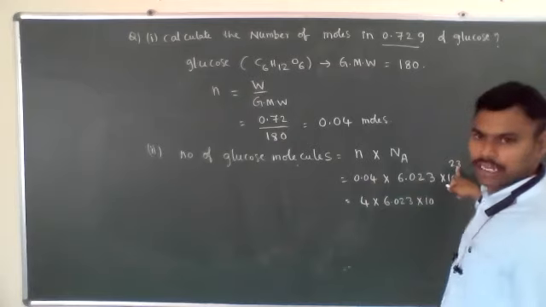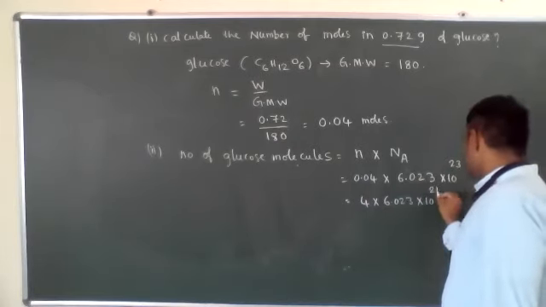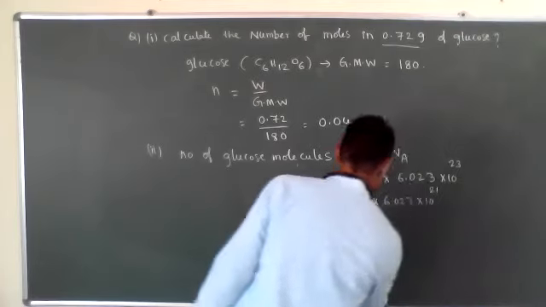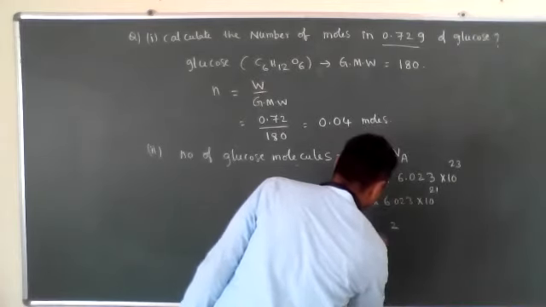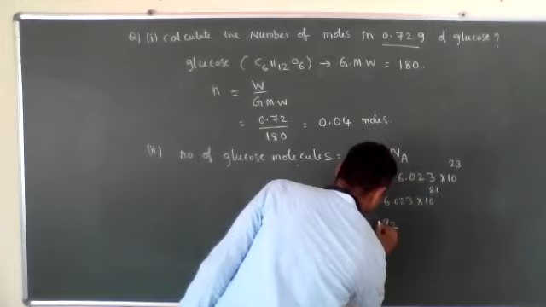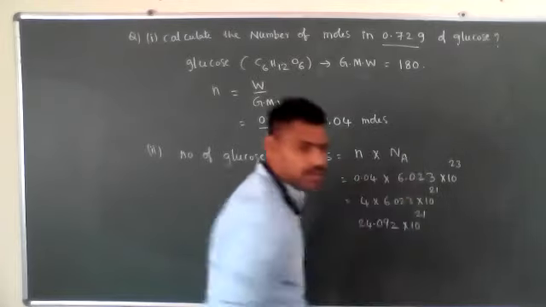Minus 2 plus 23 means 21, 10 to the power of 21. Now 4 into 6 means 24 into 10 to the power of 21.